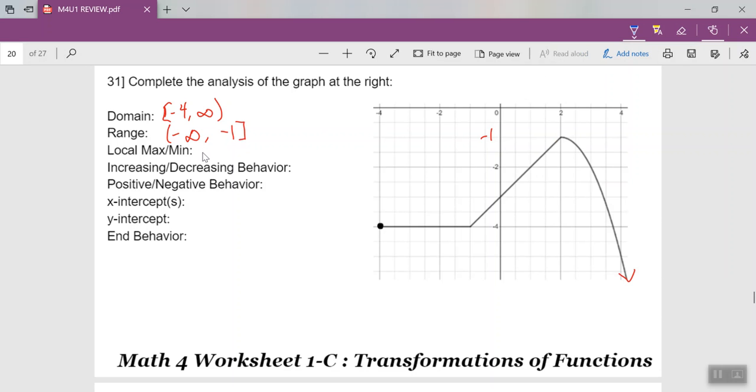There is a local, well, actually, there's a whole bunch of local mins. You're probably better off saying that the max is at 2, negative 1. And I got to ask the question, well, for one thing, there's not really a local min here.